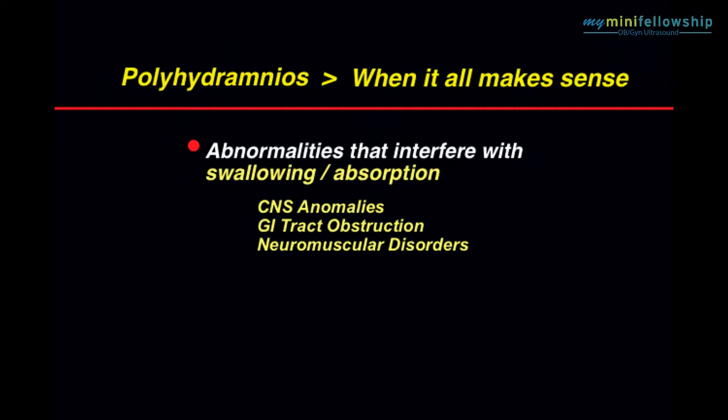Gastrointestinal tract obstructions, just as we discussed a moment ago: if the gastrointestinal tract is obstructed, then the likelihood that fluid will be normally reabsorbed in the small bowel greatly diminishes, and polyhydramnios likely will ensue. Certain varieties of neuromuscular disorders also can significantly interfere with swallowing, resulting in polyhydramnios.